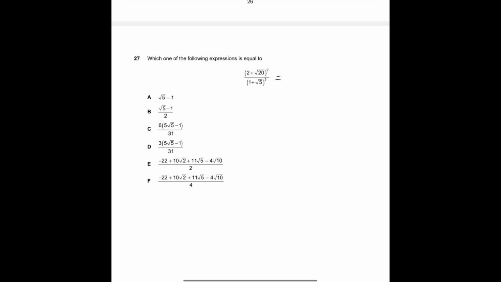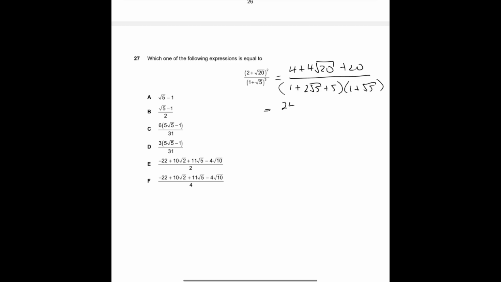Okay, so we'll just have to expand that. That's going to be 4 plus 4 root 20 plus 20 over, we'll expand one of them, so that's going to be 1 plus 2 root 5 plus 5 times 1 plus root 5.